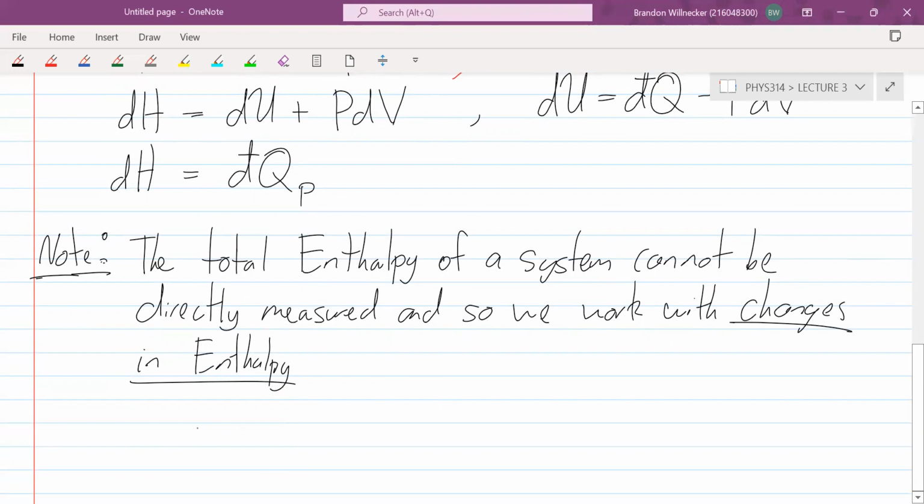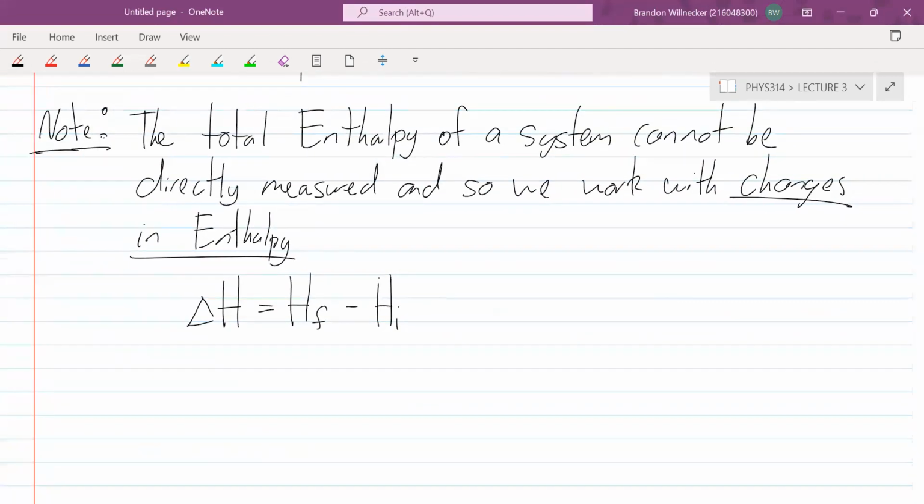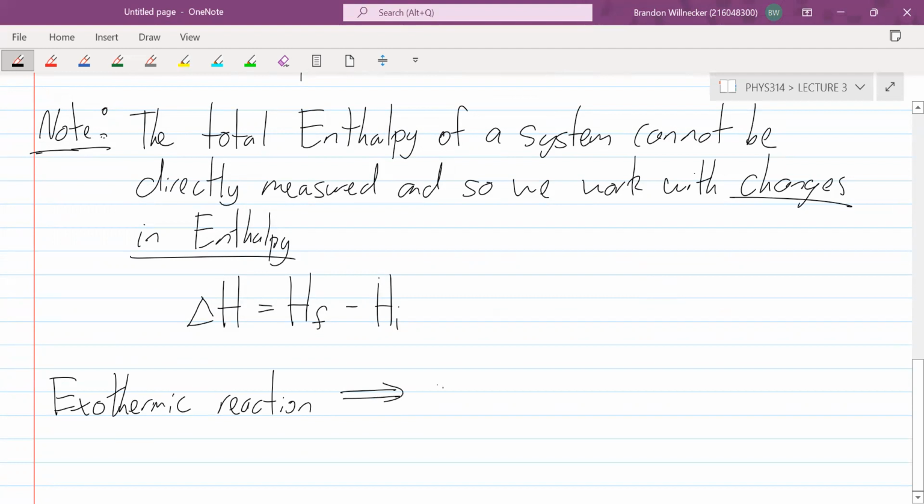The change in enthalpy we call delta H, and that is just going to be H_F minus H_R, final minus initial. So given a particular delta H, what do we know? We call the reaction exothermic when delta H is less than 0, which means heat is released.